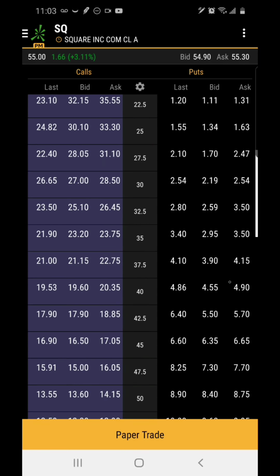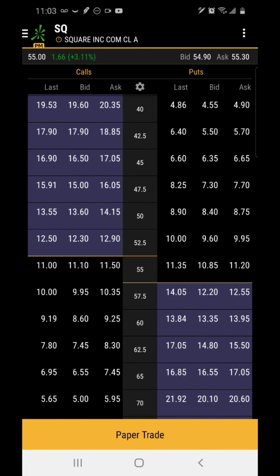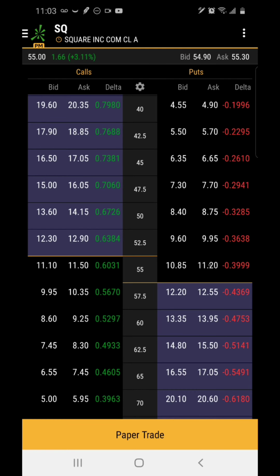So we're going to the right-hand side. And same as I said earlier, you're going to click on the ask price, not on the bid. Click on the ask price. There's a lot more that goes into the bid, into selling to open. So let's say I want to choose one in the money, which is the $55 put. So I select this one.